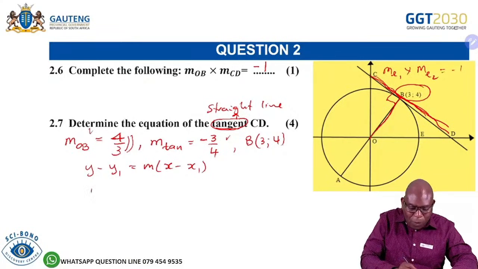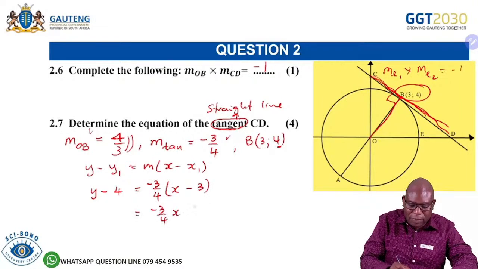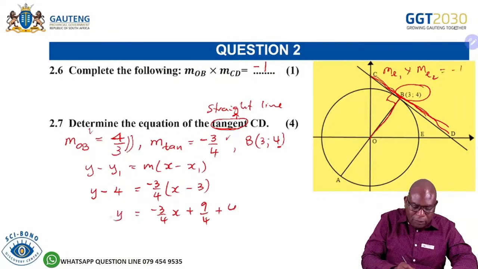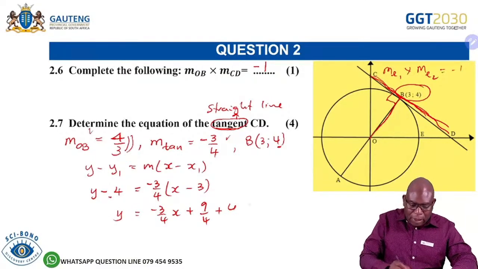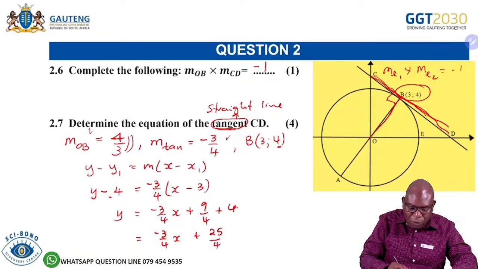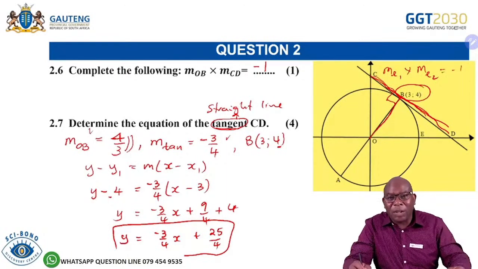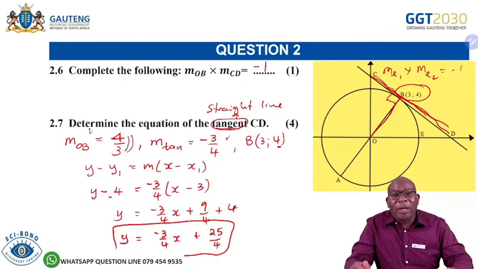So now, y minus 4 equals -3/4 times x minus 3, so I get y = -3/4x plus 9/4 plus 4. Remember, I've taken that to the other side. Now, I can just add this. I'm going to get -3/4x plus 25/4. Don't be like me. Use a calculator, my boys and girls. Use a calculator. If you don't know what 3 plus 2 is, just go to your calculator.